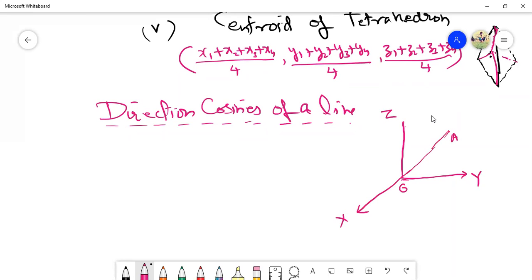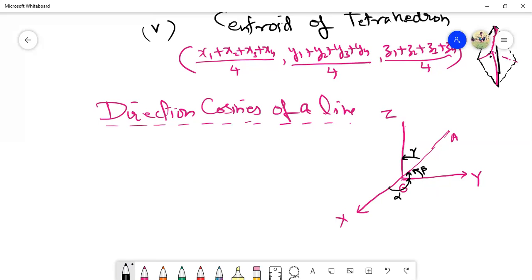It will make an angle with the x-axis in the positive direction, up to here, this line. This is alpha. From the y-axis it is making beta angle, and from the z-axis it is making gamma angle, as we have seen before also.